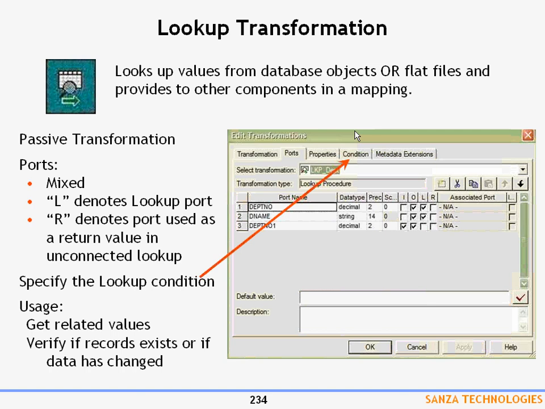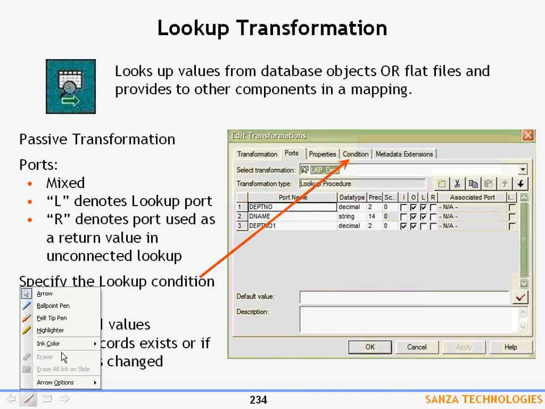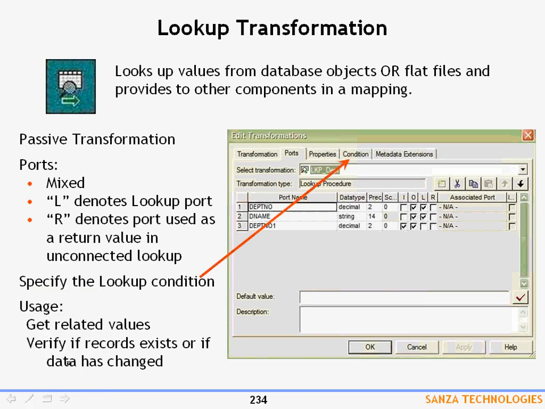Means from our SRC employees, we want a corresponding salary, so Informatica uses a lookup transformation. The functionality of it is to get a related value. In our case, we want the related value as salaries. Or whether a record exists or not, we will do it for SCD1 and SCD2 discussion. But to get a related value, you look into it.